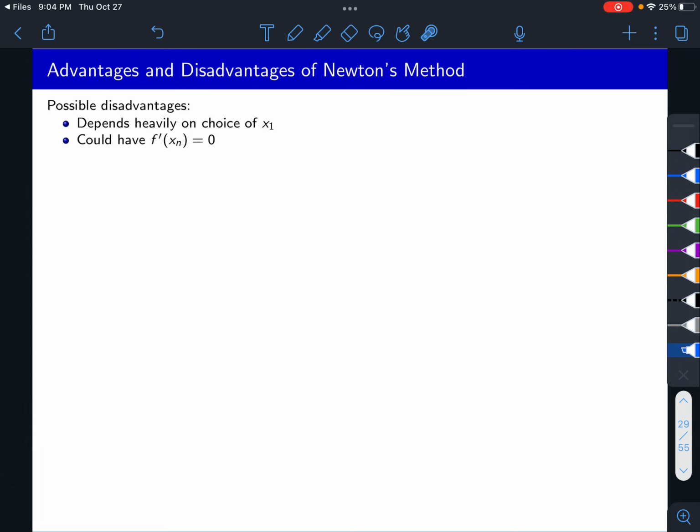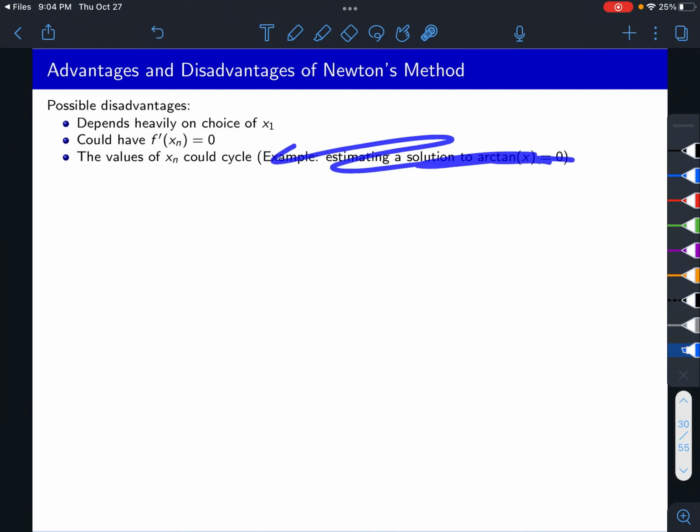The values of your approximations could cycle, like they could be, oh shoot, this was supposed to be, this is a typo, ignore this, this is going to be on the next bullet point. Sorry about that. So this was for the previous example that we did where it's cycling between 0 and 1.